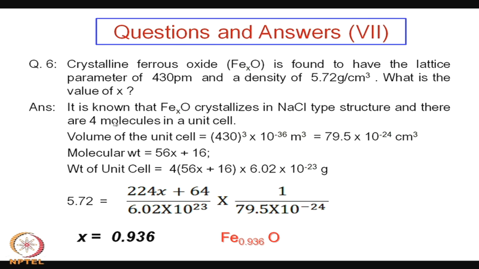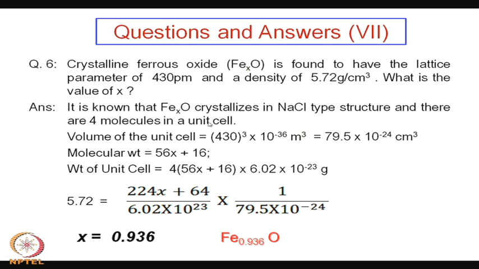The question reads like this: the crystalline ferrous oxide FeXO, which we have discussed earlier is a non-stoichiometric oxide, is found to have a lattice parameter of 430 pm, picometers, or 4.3 angstroms, and a density of 5.72 gram per centimeter cube. What is the value of X? This again is not a very difficult question to answer.